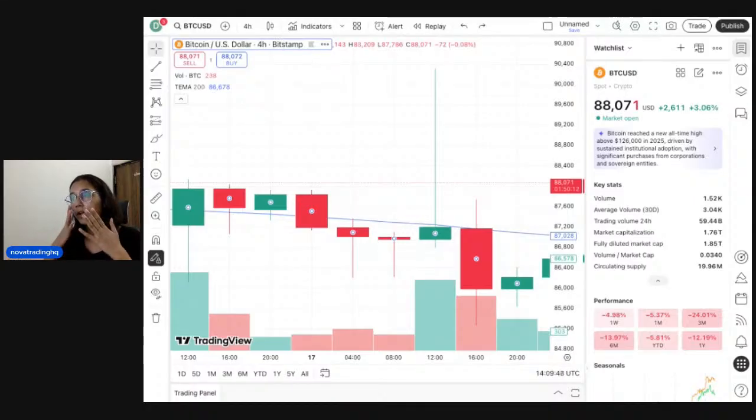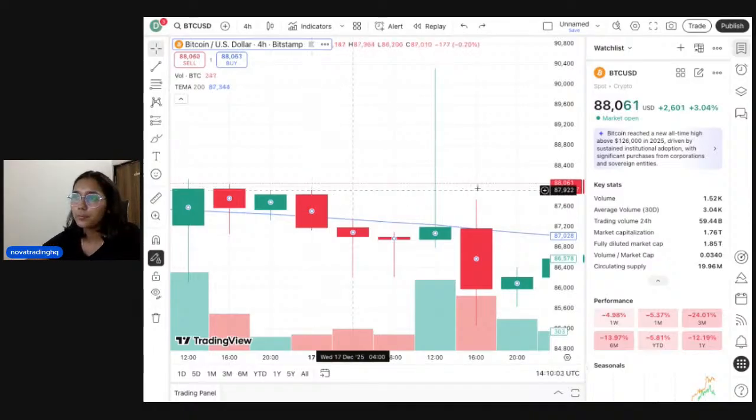To make it more structured and easy, I would say this candle plants the seed: above 88.1 or 88.2K, it is not clean anymore. That is what this candle is depicting.